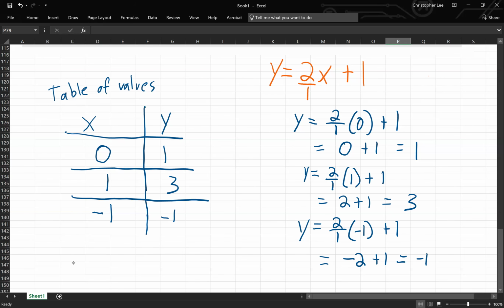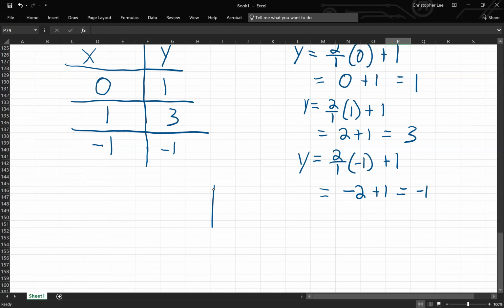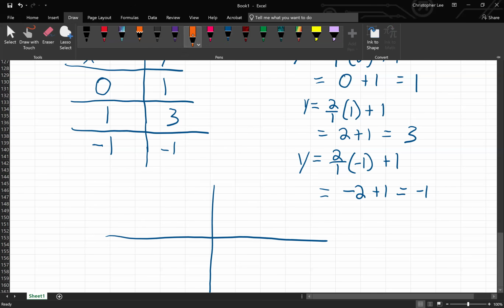So you see how I have these three very nice coordinate points that I can plot. And that's our next task. We want to plot these points. We're going to choose orange for the next.